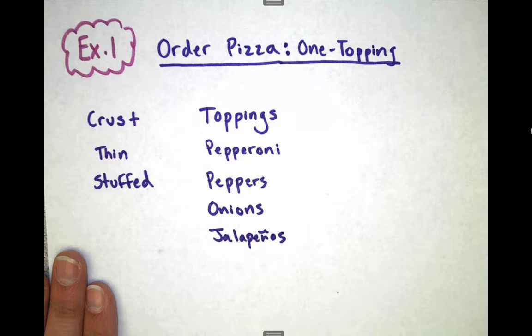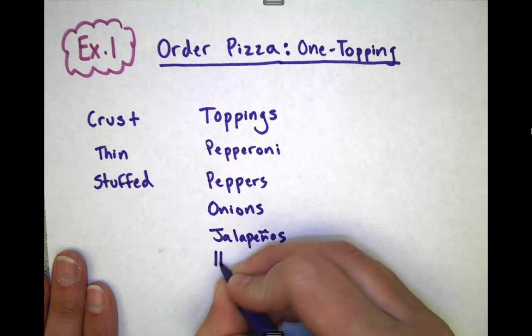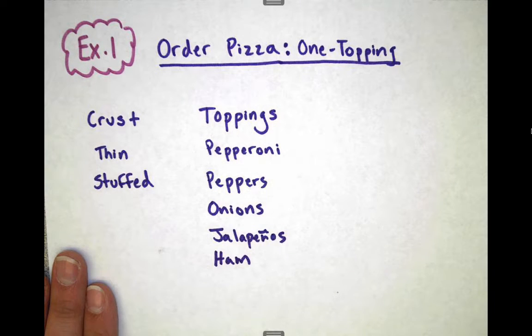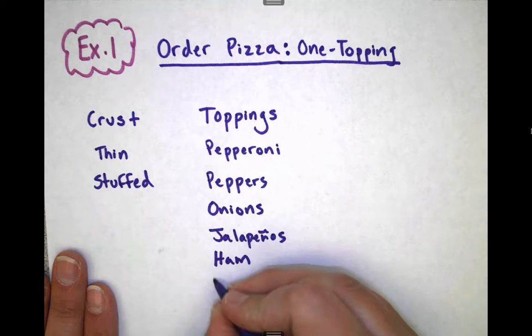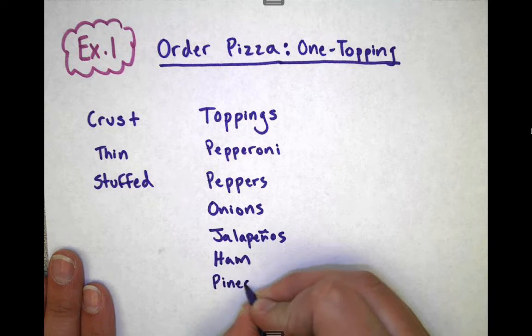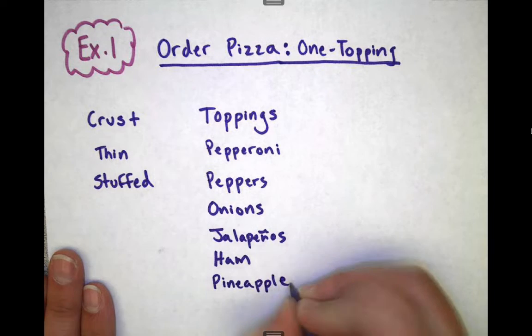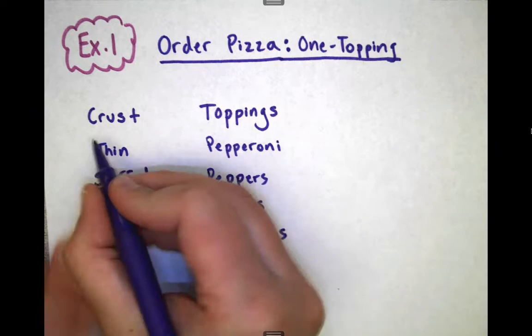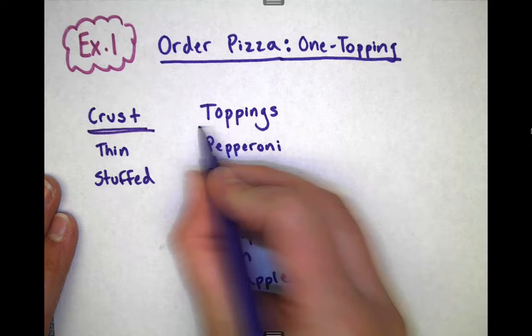Jalapenos. I like jalapenos. You can do ham. Another choice that you might have is you might be able to do pineapple. Okay, so we've made a list of toppings. So we have your crust and your toppings.